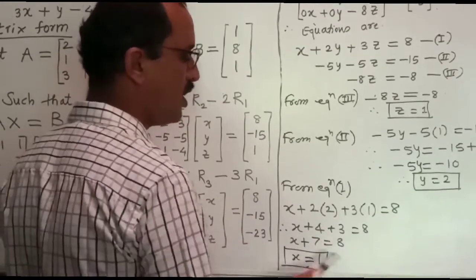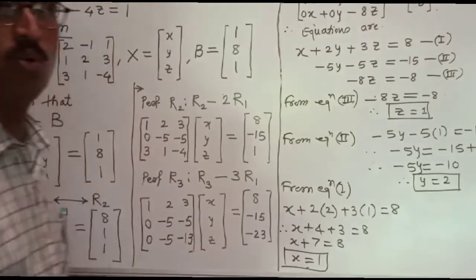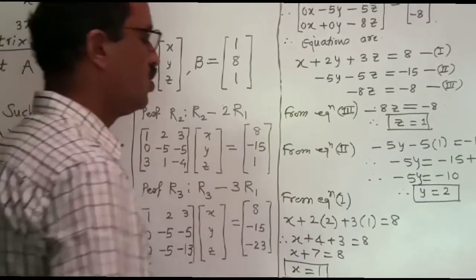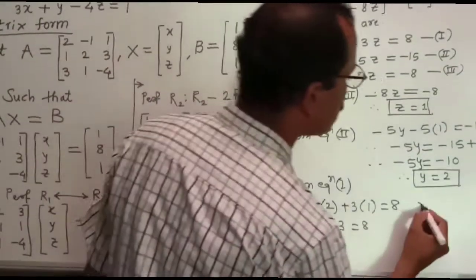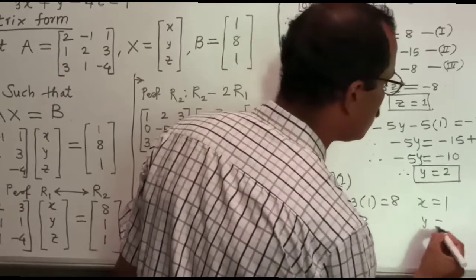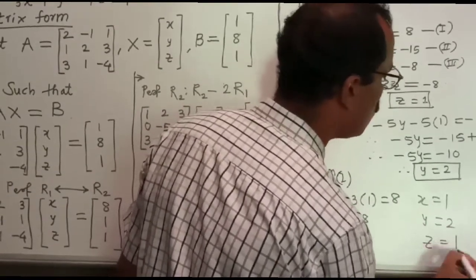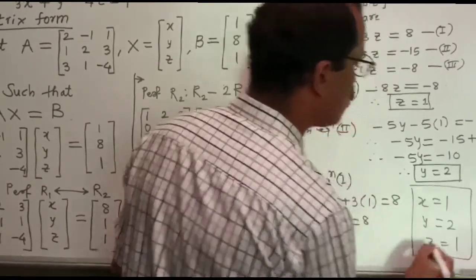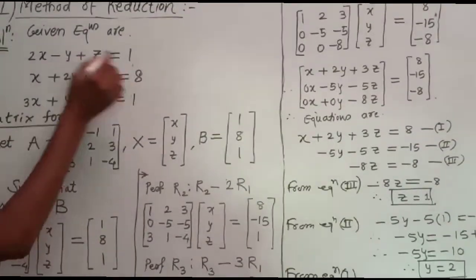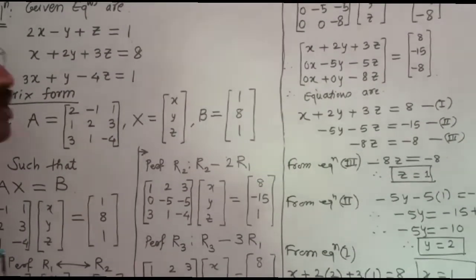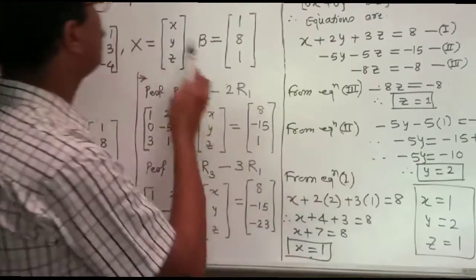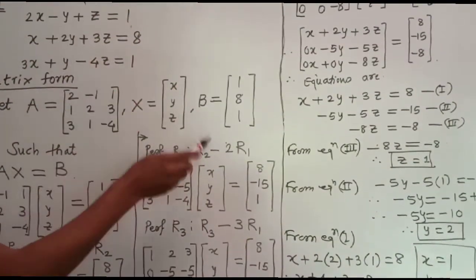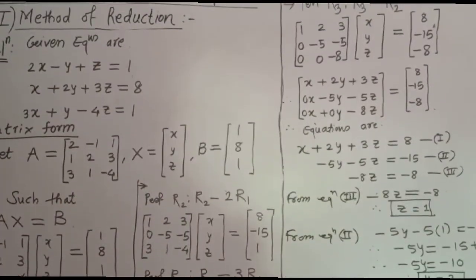Therefore x is equal to 8 minus 7, that is x is equal to 1. In this way, we get values of x is equal to 1, y is equal to 2 and z is equal to 1. These are the solutions of the given equations. So in this way we find the solution of the linear equations by using the reduction method.